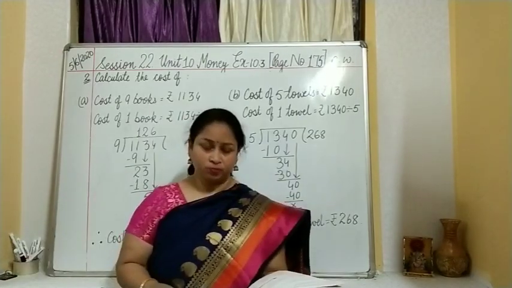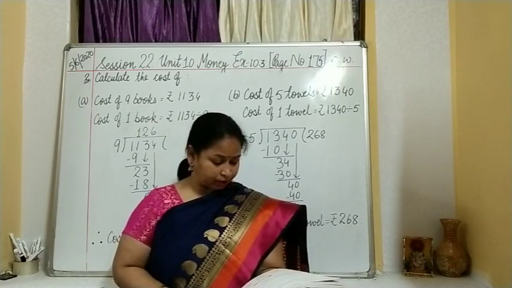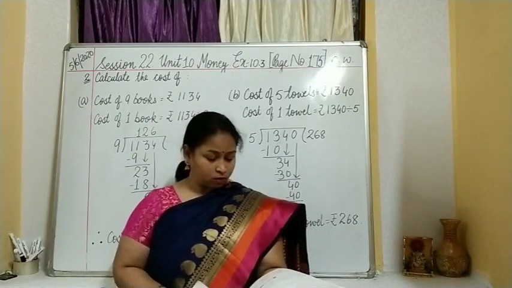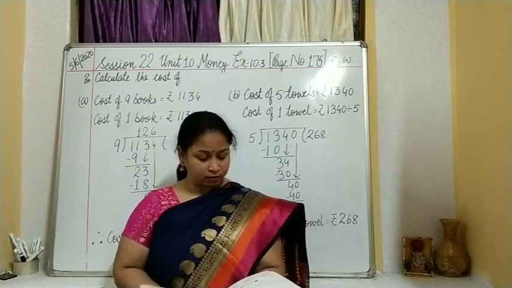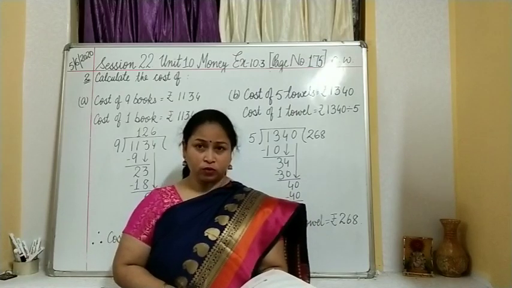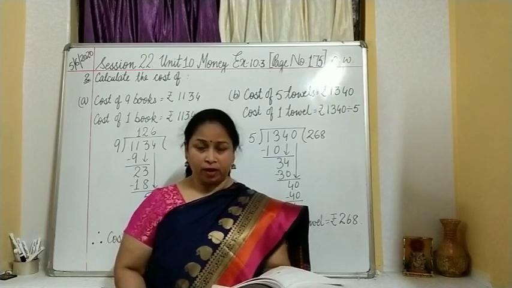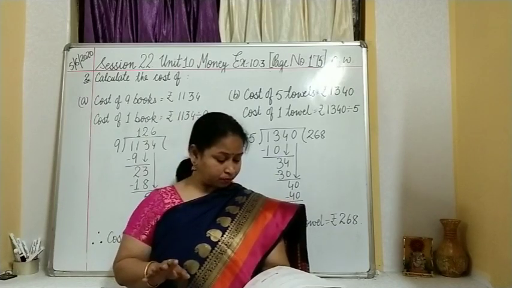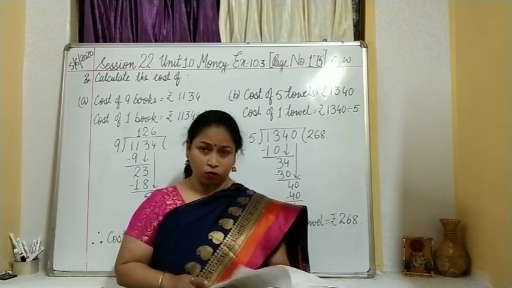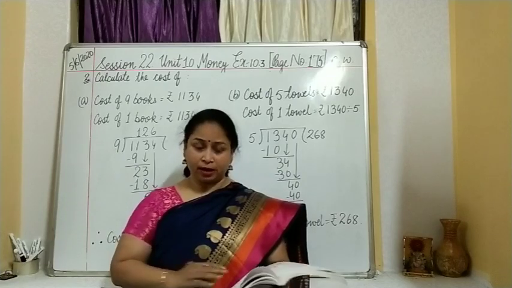Okay. Children, look at page number 174 where exercise 10.3 is given. So the first question, as you can see, is multiply. So I'll just keep this on hold. The next period I'll tell you.